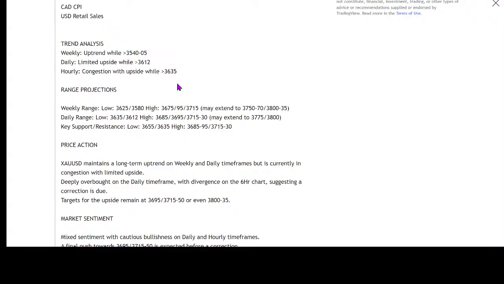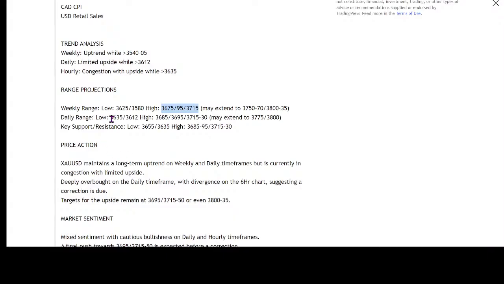So, of course, we look at the weekly range. We are looking at a weekly low of 36.25 and 35.80, and on the high of 37.15, and it may extend towards 37.50, 70 and higher.